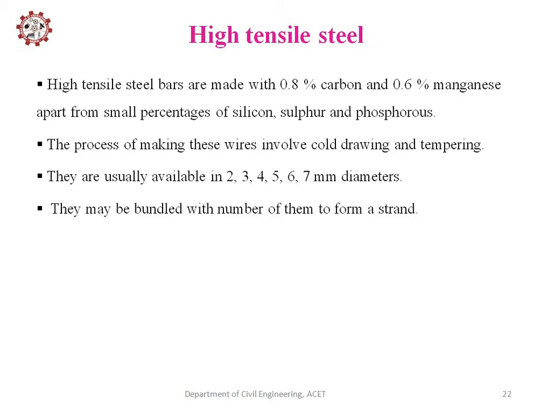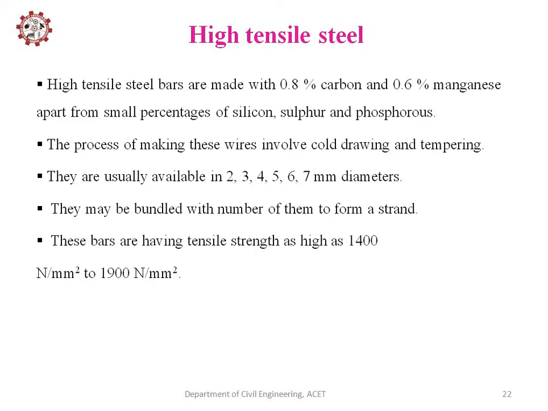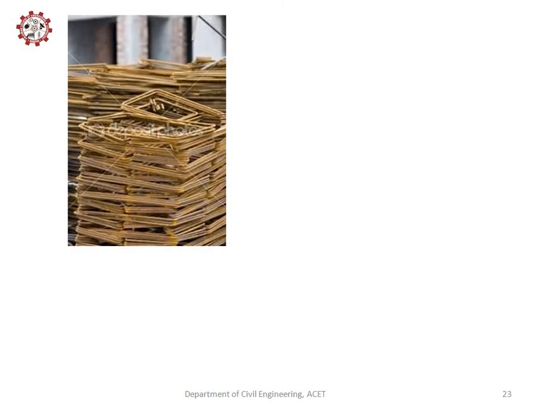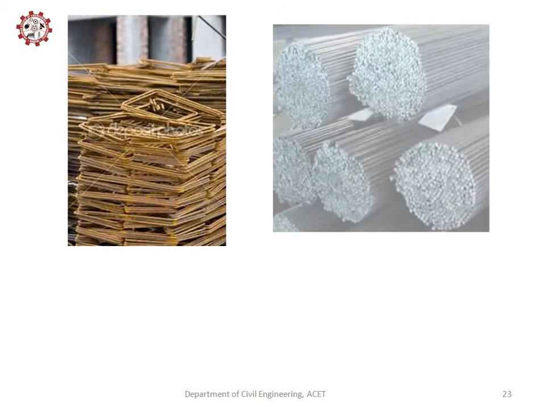They may be bundled in number to form a strand. These bars have high tensile strength, as high as 1400 to 1900 Newton per mm square. The Young's modulus of these steels is also the same as that of mild steel. So these are the high tensile steels.